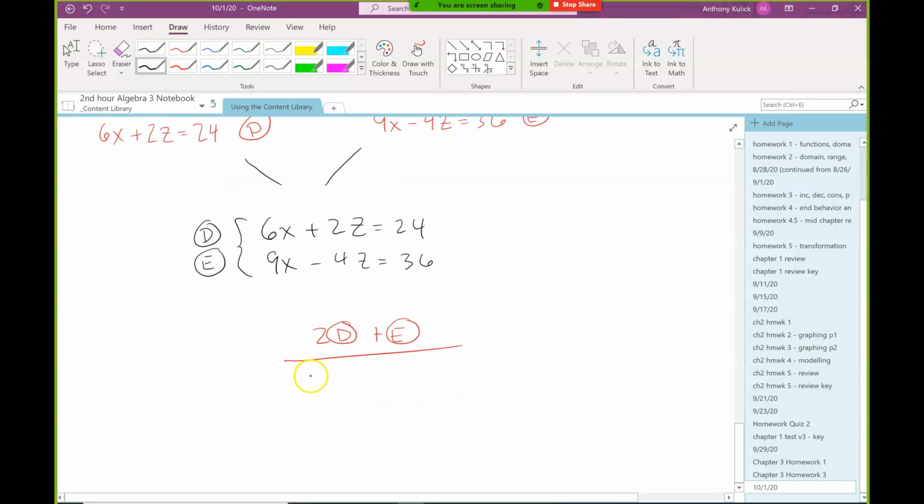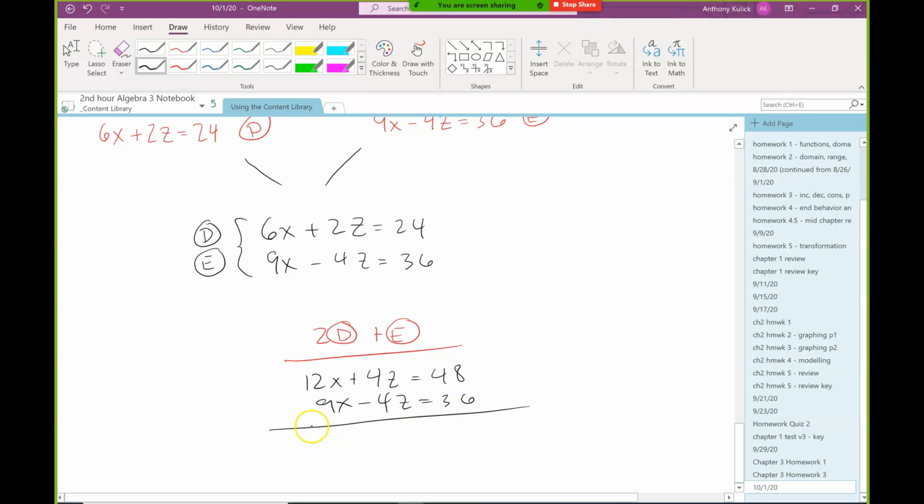So here I will recopy what I'm going to add together because I've changed one of them. So 2 times D, so I'm going to do 2 times 6x, that'll give me 12x. 2 times 2z, which would give me 4z. And 2 times 24, which gives me 48. And then we didn't do anything to E, so I'll just recopy that one.